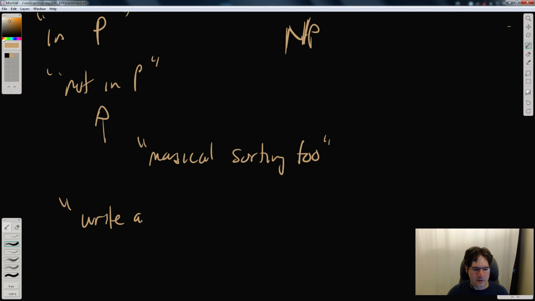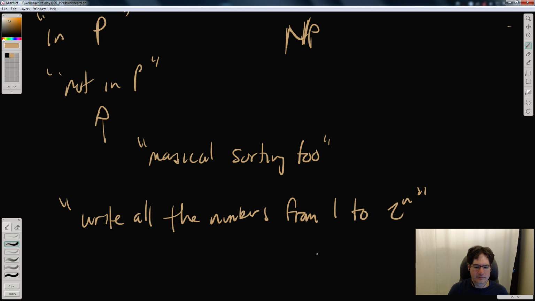Write all the numbers from 1 to 2 to the n. I mean, it's not very computer science-y, but there's no way to do that in polynomial time. You have to write them all. You're done, right?